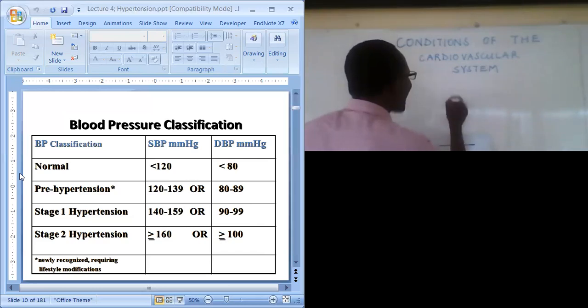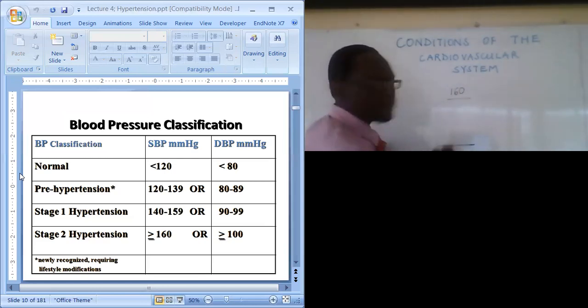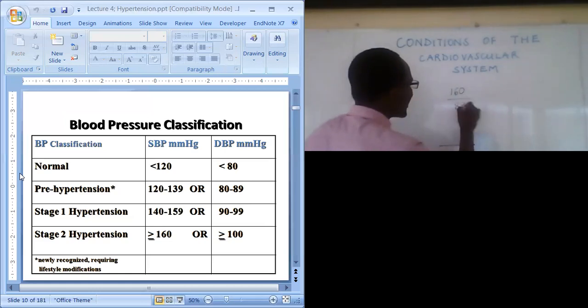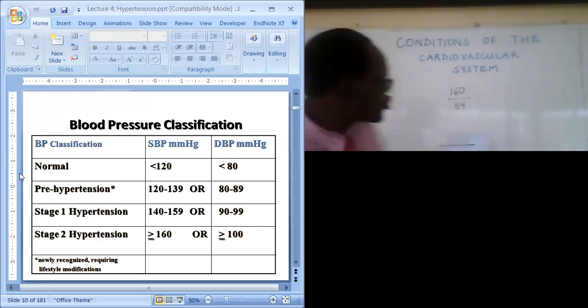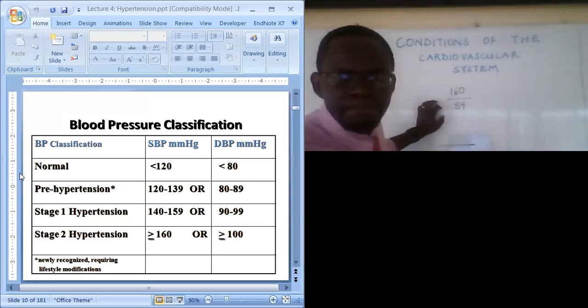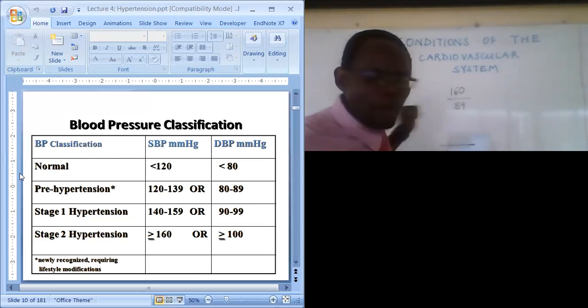Now, I want you to tell me which stage this patient is. A patient has a blood pressure of 160 over 89, yeah? So which stage is this patient? Can you please reflect on that?